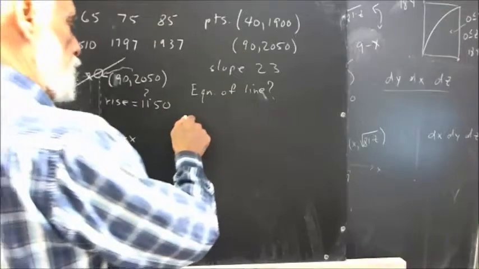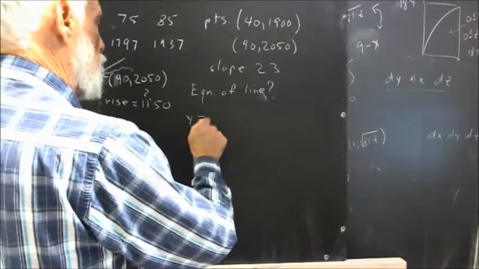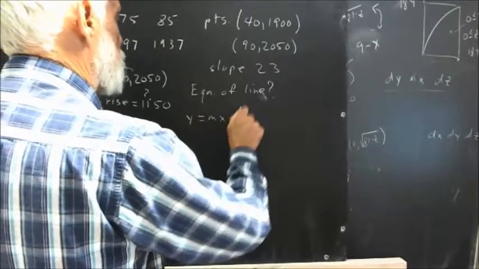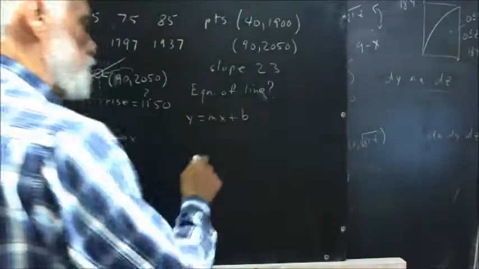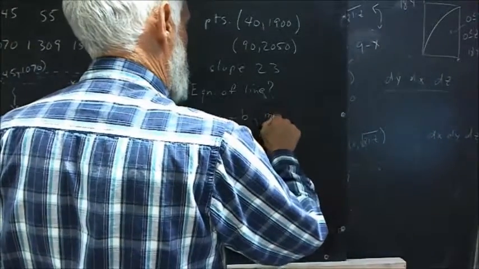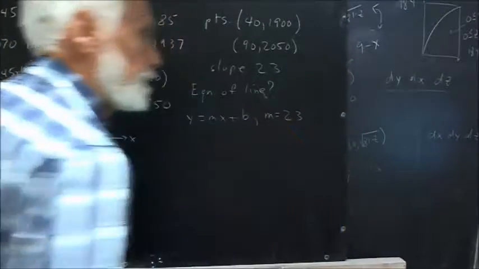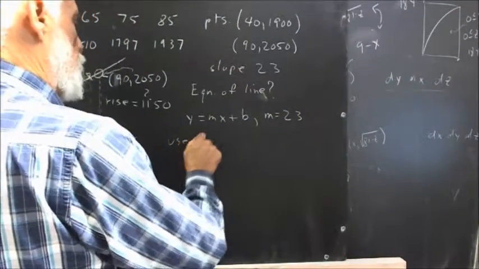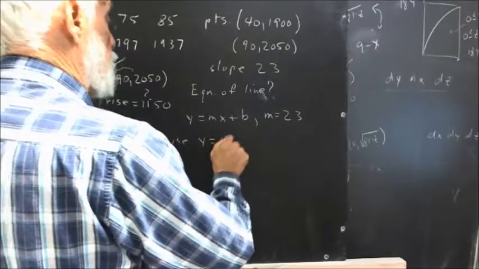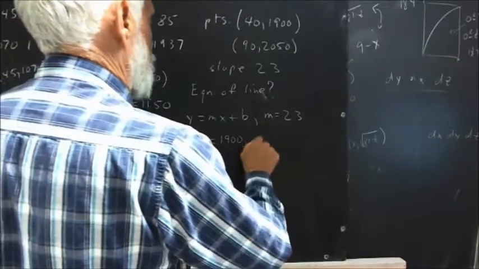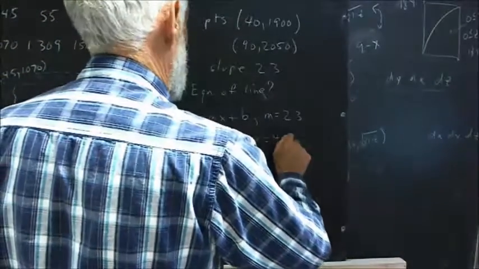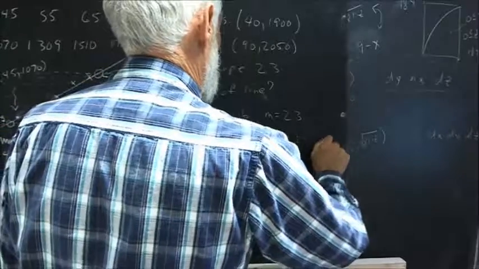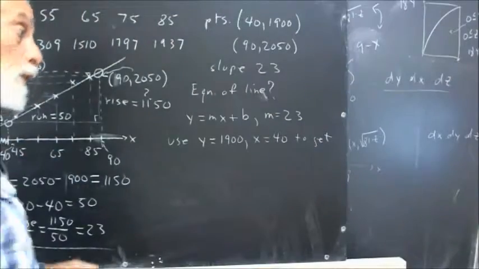So we could say, okay, slope-intercept form is y equals mx plus b. M is 23. Use y equals 1900 and x equals 40 to get an equation.